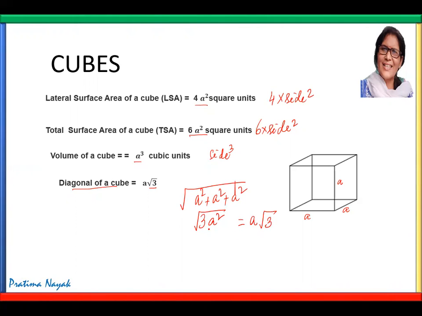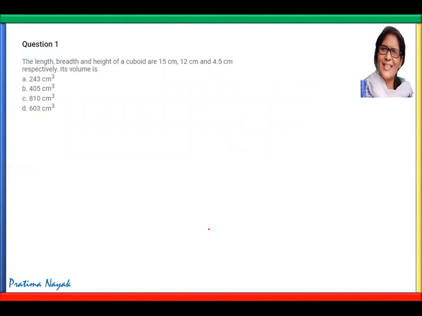So let us go for the questions now. The length, breadth and height of a cuboid is 15 centimeter, 12 centimeter and 4.5 centimeter. So for volume, you will just multiply. I'm writing the formula, but when you do the MCQ questions, no need of writing the formula, you can directly write.